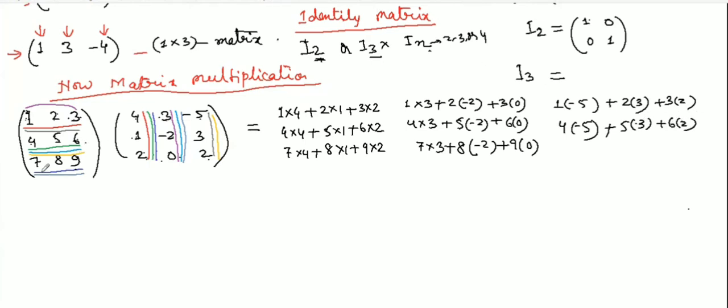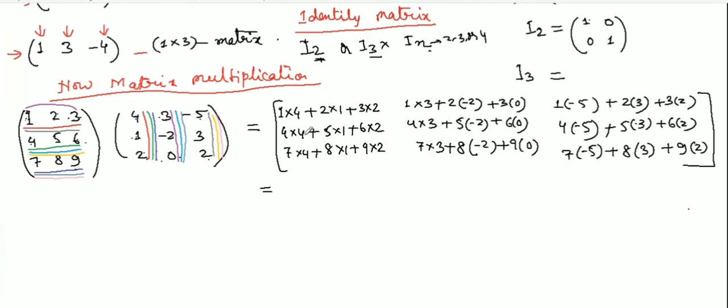Now take the third row and the third column. Here it will be 7 multiplied by minus 5 plus 8 multiplied by 3 plus 9 multiplied by 2. This is our resulting matrix. Now you need to calculate it.